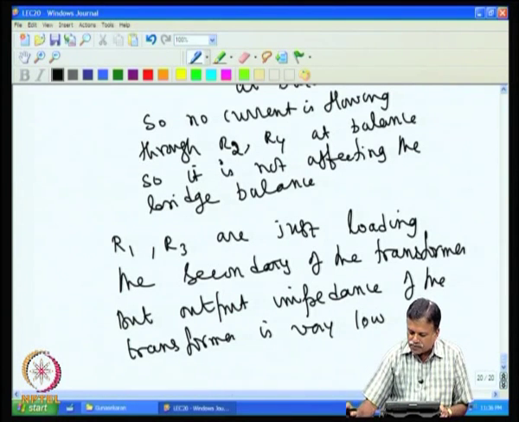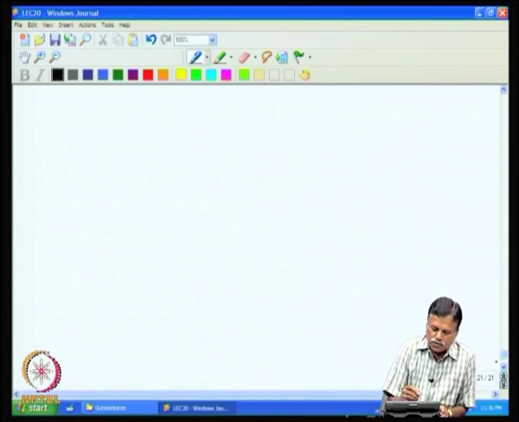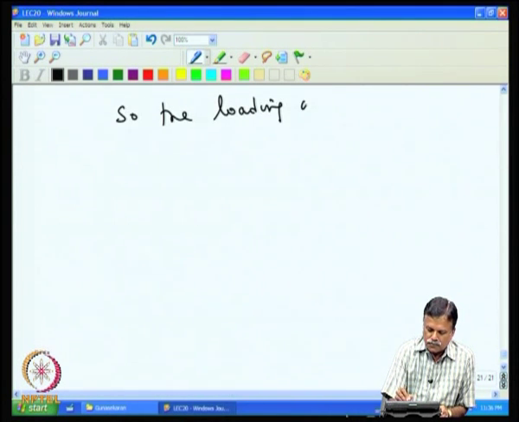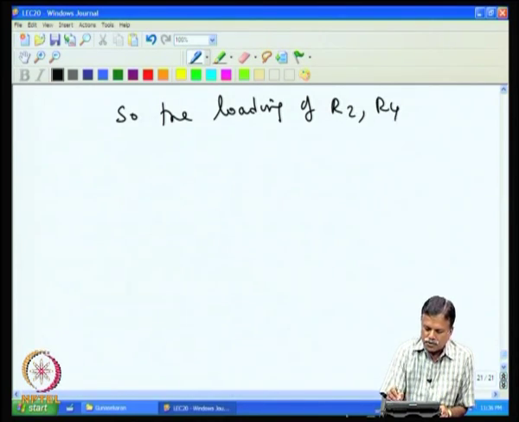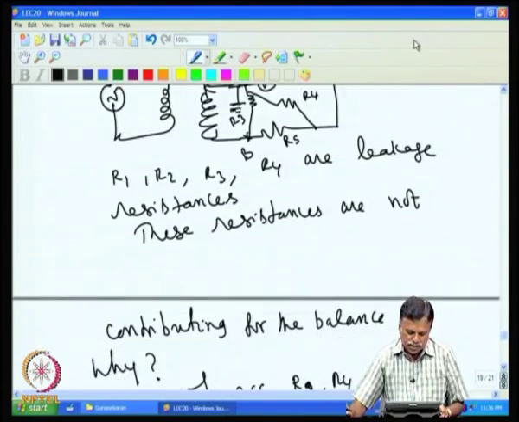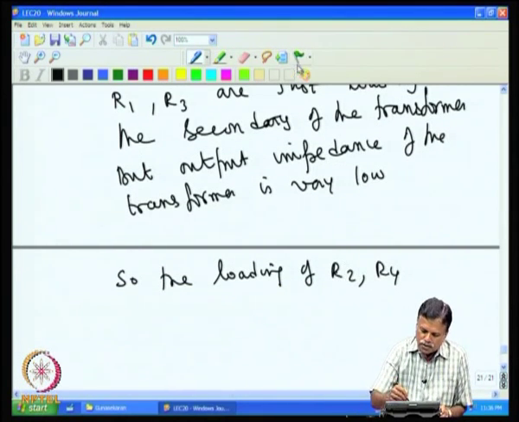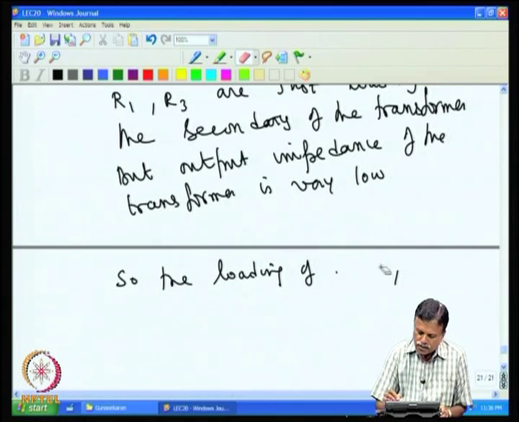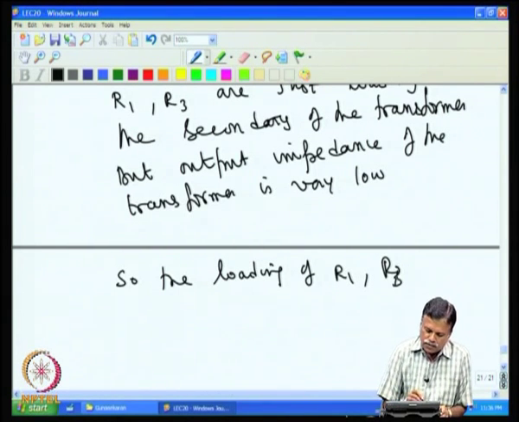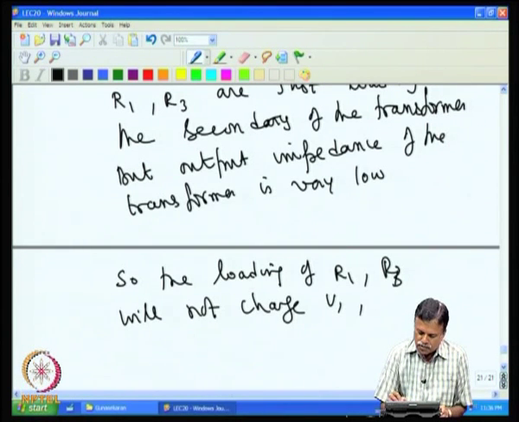So, this loading is not affecting it. The loading of R1, R3 will not change V1, V2.